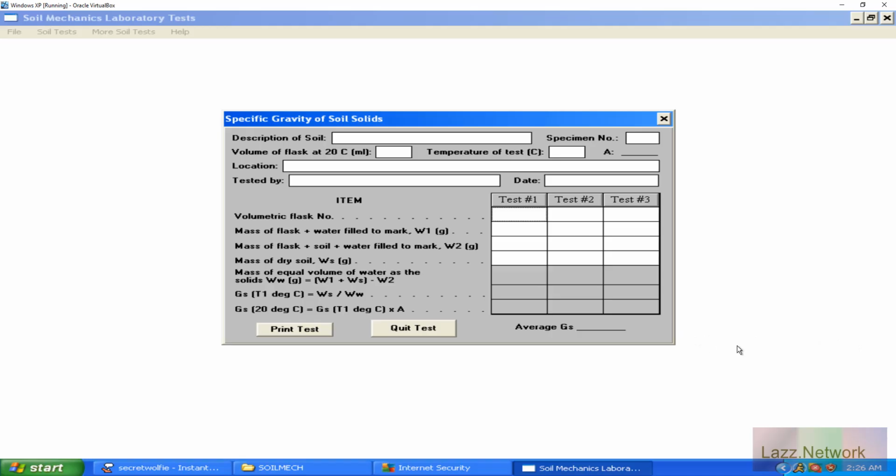So typically for that, you want to run that at natural moisture, and then you're going to do a hygroscopic moisture, which I've talked about before, like with hydrometers and stuff. That's just going to give you a moisture correction, so when you get all your weights, you can correct them, and then you know exactly what the specific gravity is.